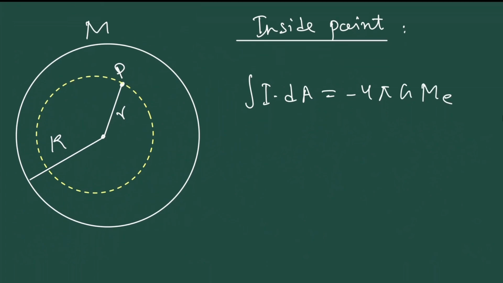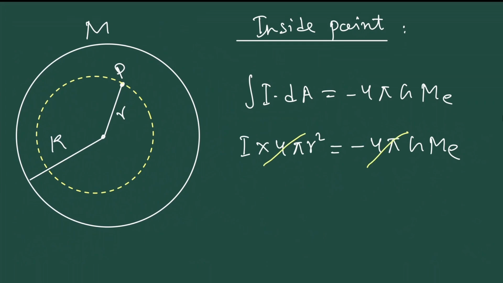Now this time things have changed a bit. However, this part remains the same. So I can write that I times 4 pi r square equals minus 4 pi g times mass enclosed. This 4 pi gets cancelled and we are again left with I times r square equals minus g times mass enclosed. Let me call this equation 2.